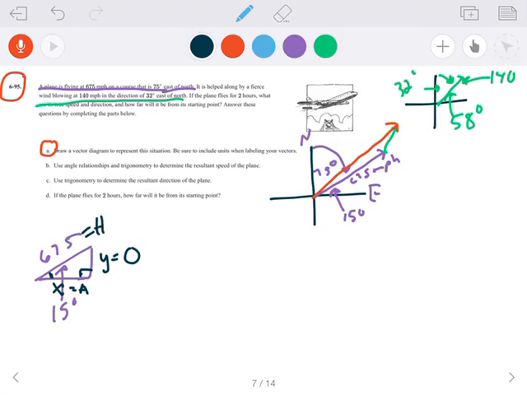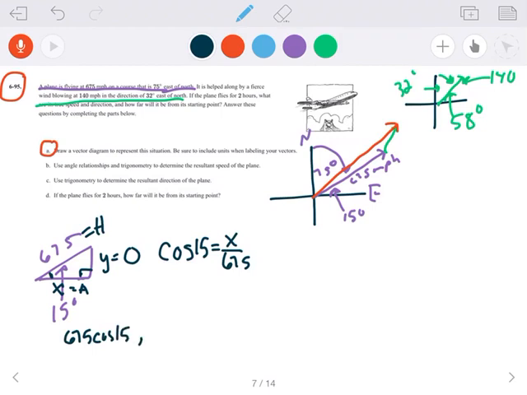So let's start with x. To get the x side, it would be adjacent over hypotenuse. So that is cosine of 15 degrees equals x over 675. To solve that, we would take 675 times the cosine of 15.